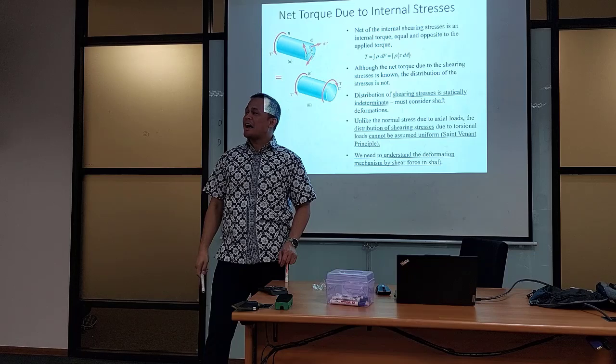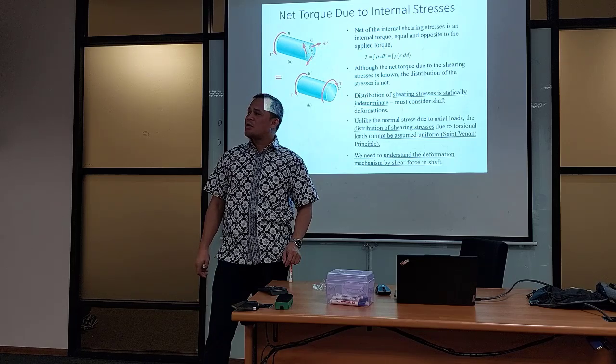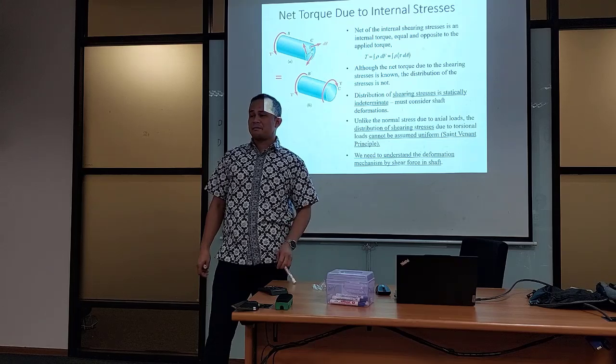We don't like F. F is for uniaxial. We can be tricked to always see F related to tau. Tau is related to the torque. So we need to express the formula of tau in a function of torque.